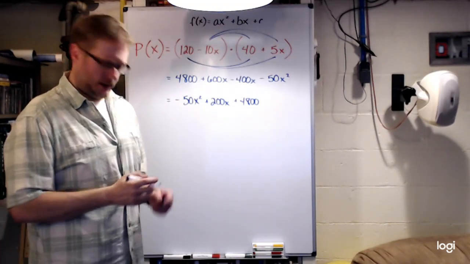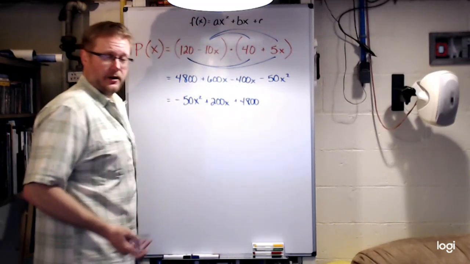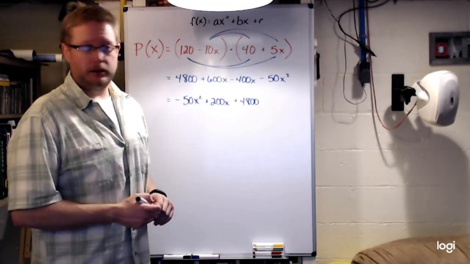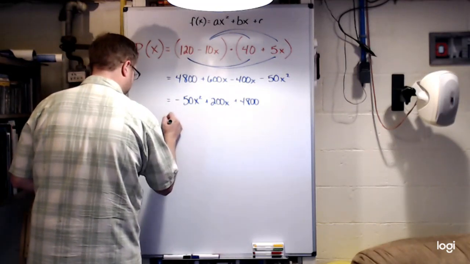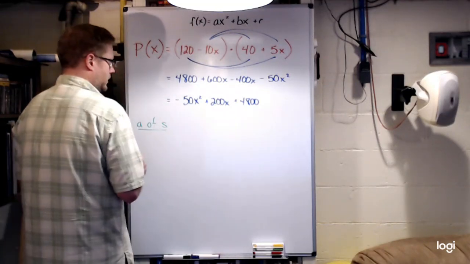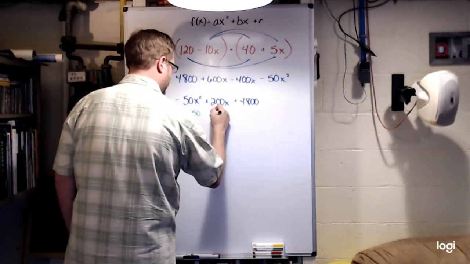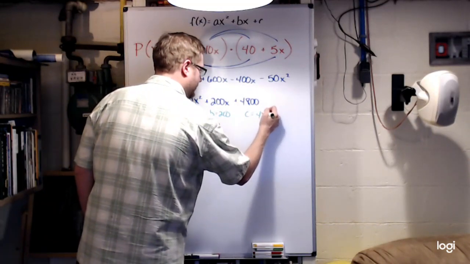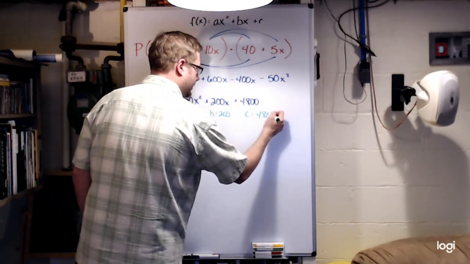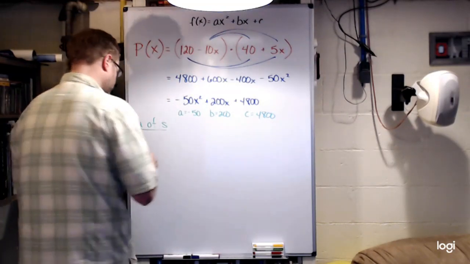Once again, at this point, we find our axis of symmetry and our vertex, and that'll tell us where Eddie should be. So, my axis of symmetry, A of S. A in this case is going to be negative 50. B is 200. Once again, we really don't need to worry about C in this case. We won't care about C until we get to the quadratic formula, but it's good practice anyway.